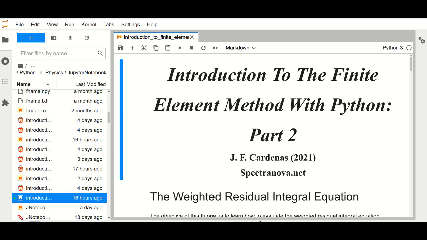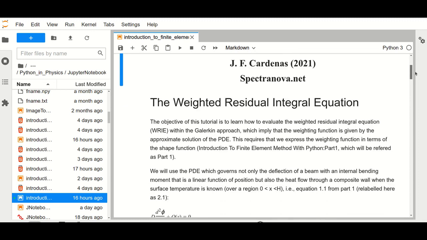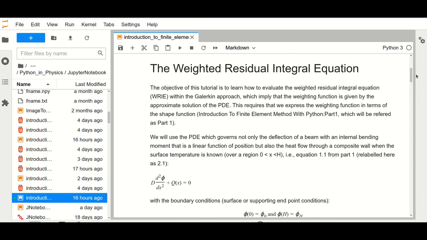I have my notebook already uploaded, and I will scroll down, and we will first deal with the weighted residual integral equation.